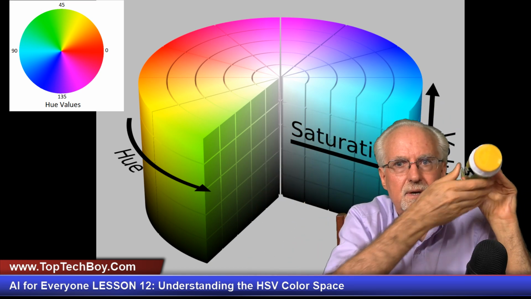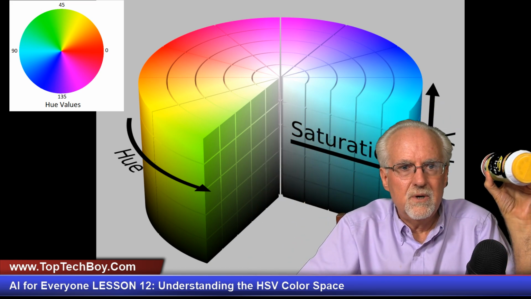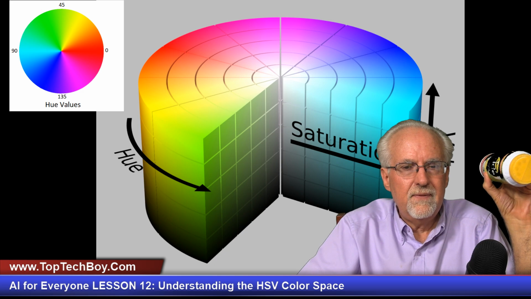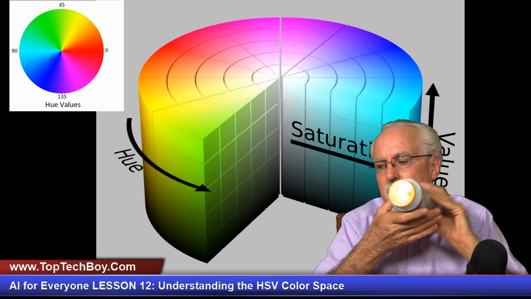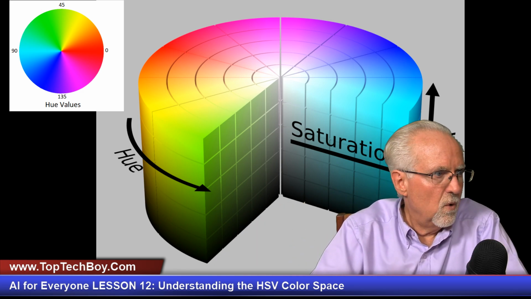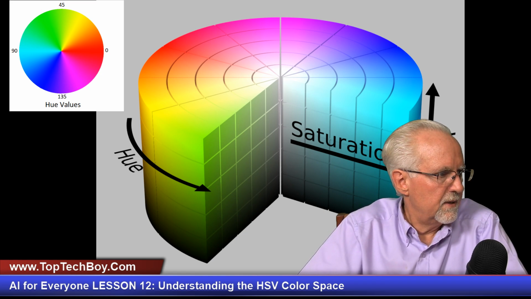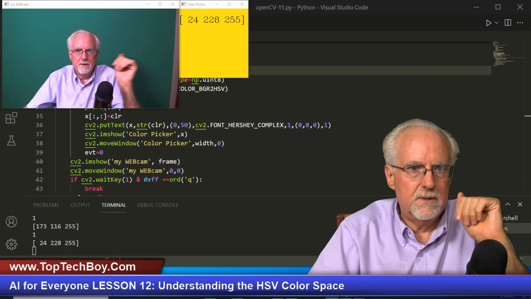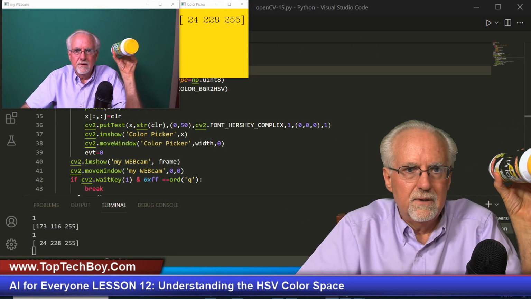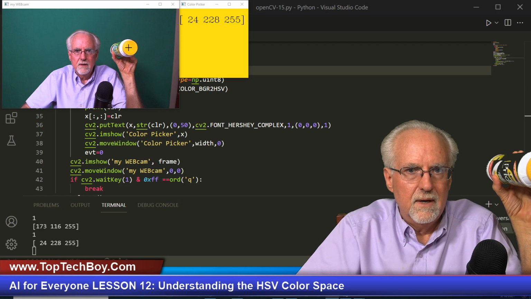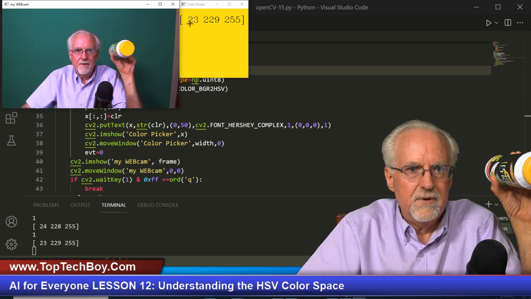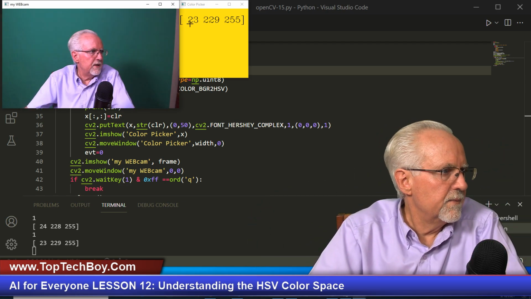Let's look at this. This was the one we were going to want to track on, and it's 24. Where would 24 be? Oops, you weren't seeing the same thing I was seeing. I'm sorry. Let me click on that, and now the hue there is 23.